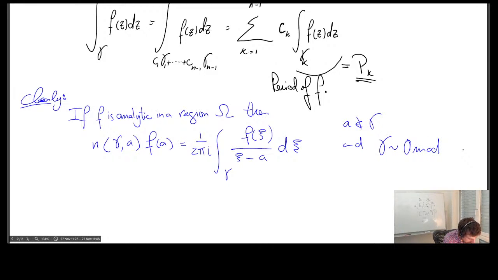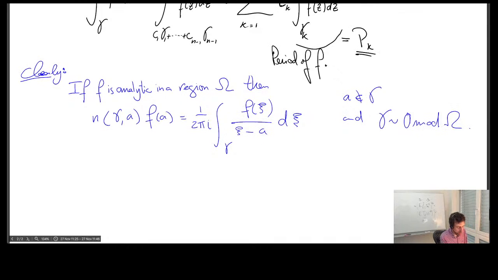Right, exactly the same theorem as before. We did it for the disk, but now that we have the general Cauchy theorem, it comes straight away. The same exact argument.